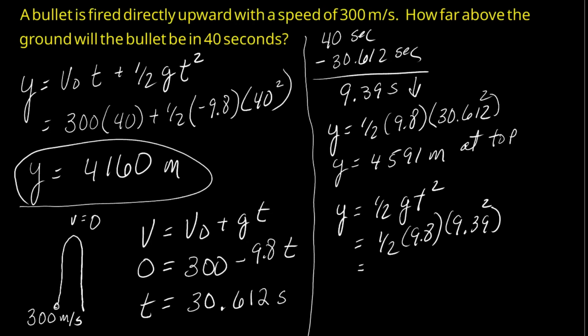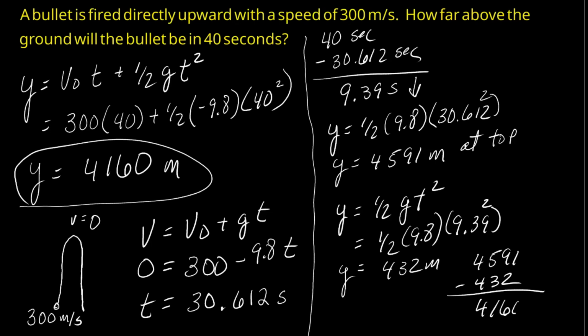So it's going to fall 432 meters. If I subtract this distance from the very top, 4591 minus 432, this would give me 4160 meters again. So it checks out. So it confirms the previous results.